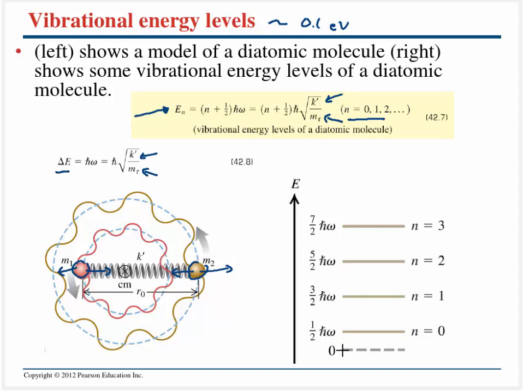For n is equal to 0, we're actually going to have some energy right there. It's not going to be 0 like it was for the rotating case. And then n is equal to 1 is going to be right here, then 2, 3, and 4. You can see that these are nicely evenly spaced, as you would expect from this equation right here. This is slightly different than the rotational energy levels.